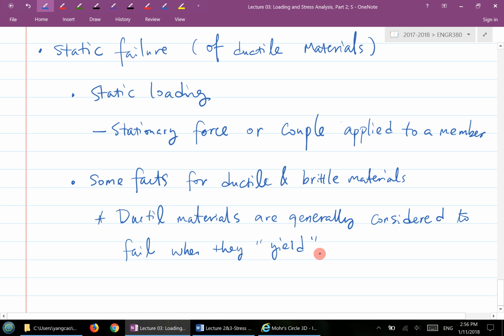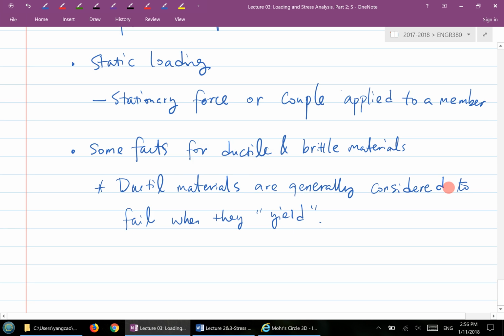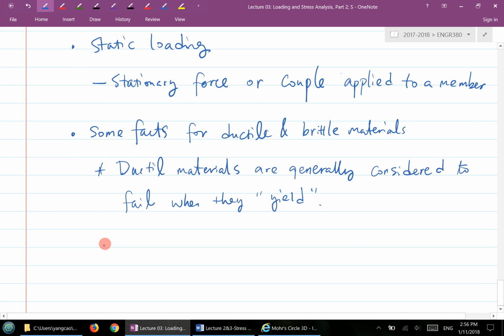The idea of yield is that a permanent deformation or strain is caused by a certain stress, after the yielding point.